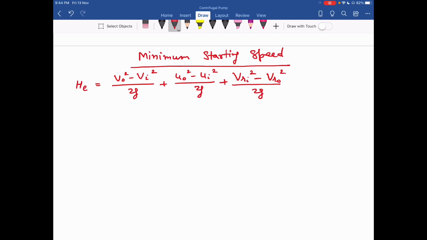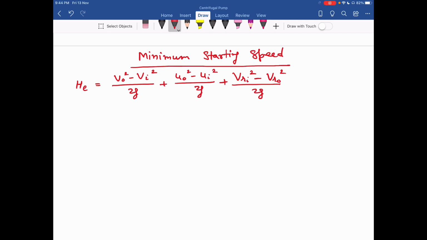Now, until the pump starts delivering water, there is no flow from the eye towards the periphery. So at that time, when we start the pump, the fluid velocities are zero. So at that time, only the centrifugal head is applied on the liquid.